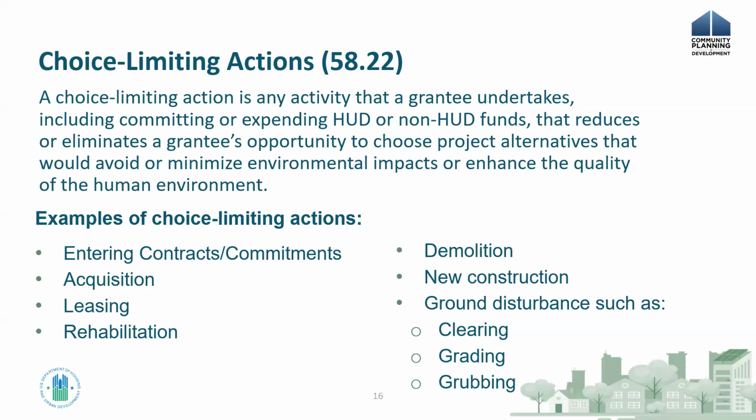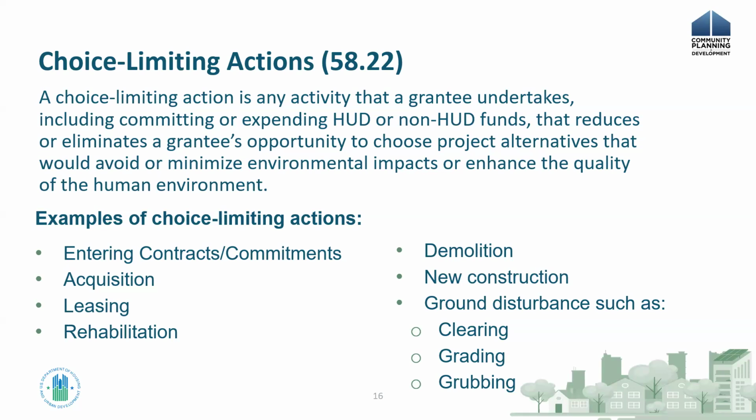So if the environmental review has not been completed, then that analysis of reasonable alternatives to choose from has not been completed either. By taking any action that essentially binds the project to a narrow course or cutting off the possibility of alternatives prior to completing the environmental review, that is considered a choice limiting action.